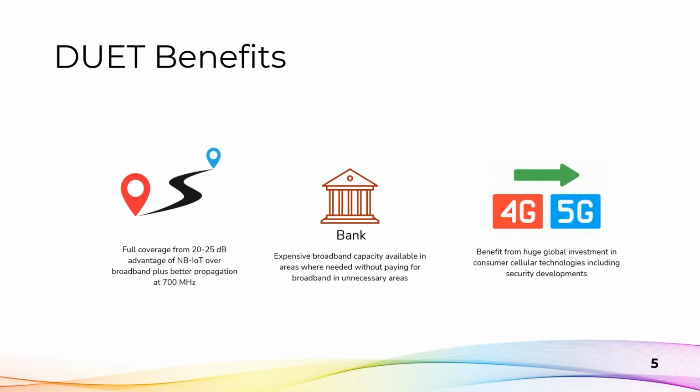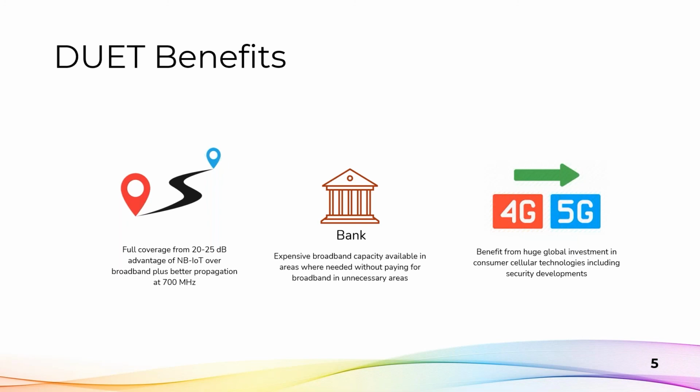Obviously, if you have the capacity demand, you're going to need to have shorter distances and higher frequencies. What does that do? It saves you money. You build broadband where you need it, where you can accept the capabilities of broad coverage. Lots of devices potentially, but not lots of very high throughput per device.